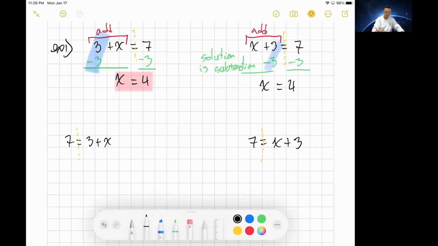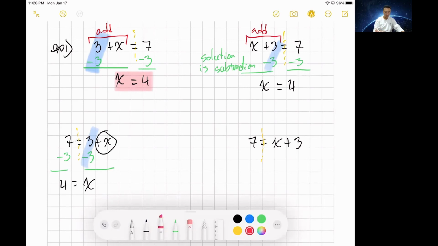Same thing. And again, it doesn't matter that x is in the front or x is in the back. I mean, the 3 is in the front, the x is in the back, doesn't matter. I'm still wanting to get x by itself, so I'm going to subtract 3 here. And I end up with x equals 4.